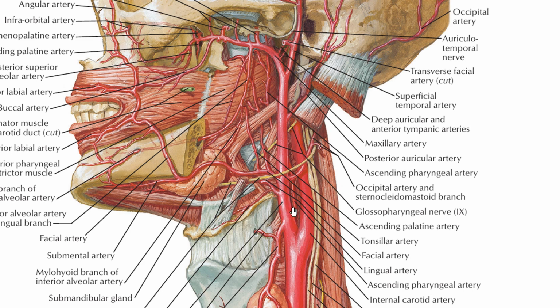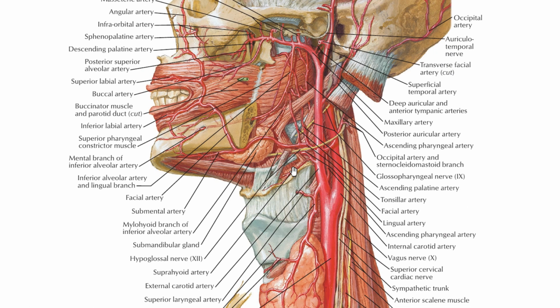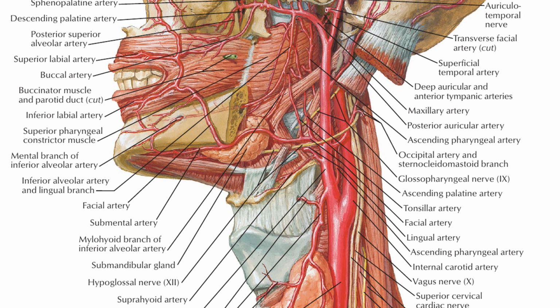From the medial surface there is only one branch, the ascending pharyngeal. As you can see in the background, this artery ascends upward along the pharynx, passing superficial to the superior constrictor muscle of the pharynx.